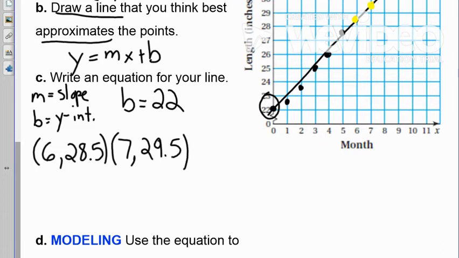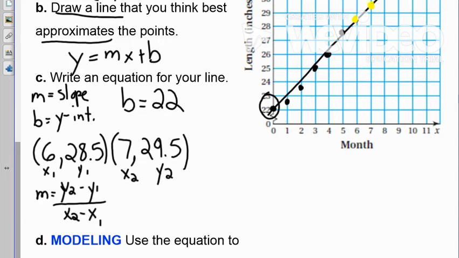All right, we'll label those out to find the slope. Here's the formula, just in case you forgot: y2 minus y1 all over x2 minus x1. We always label our first coordinate as x1, y1, and our second coordinate x2, y2. Then we just plug in and go.